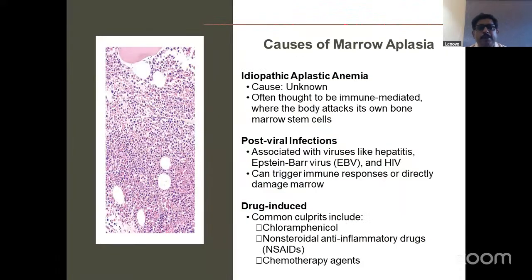This could be idiopathic aplastic anemia, the majority being unknown, which might be because of some immune mediated reactions where the body attacks its own bone marrow stem cells. Then post viral infections like hepatitis, Epstein-Barr virus, HIV can trigger immune responses and cause damage to the bone marrow. Drug induced causes like chloramphenicol, non-steroidal drugs, and chemotherapeutic agents can cause bone marrow aplasia.